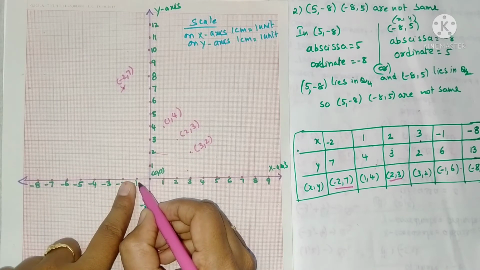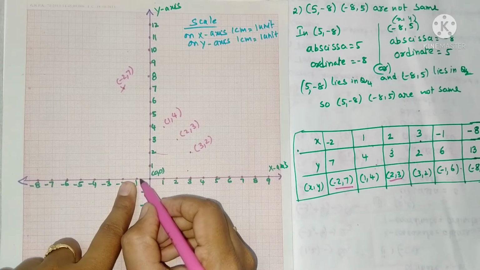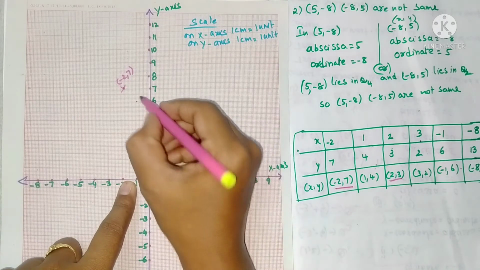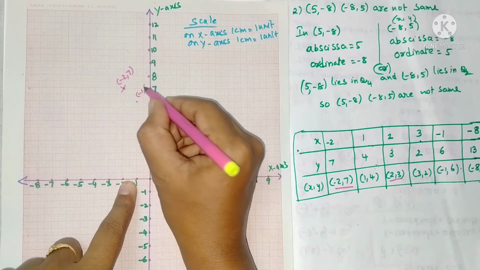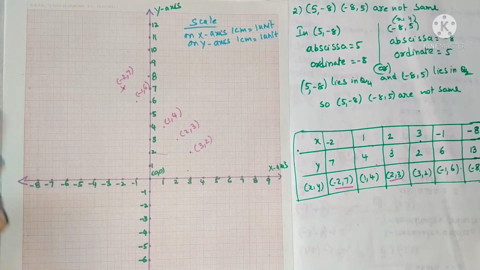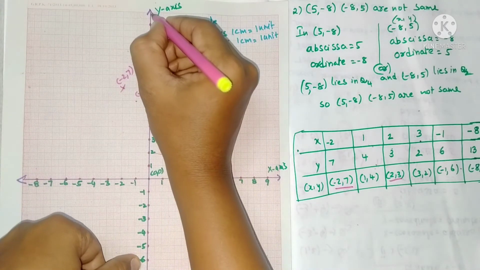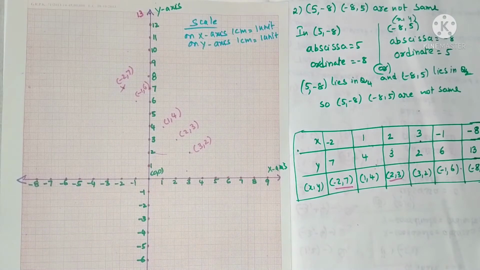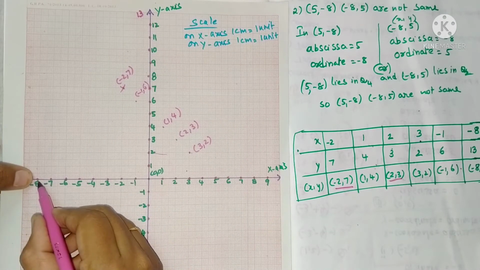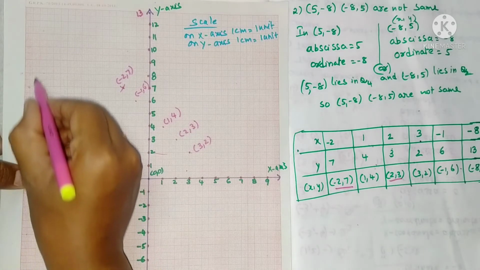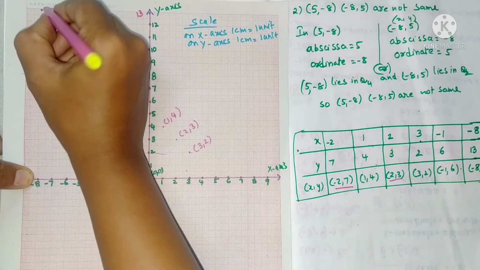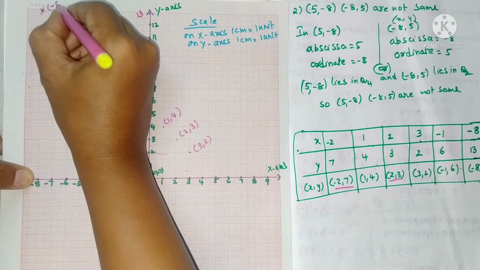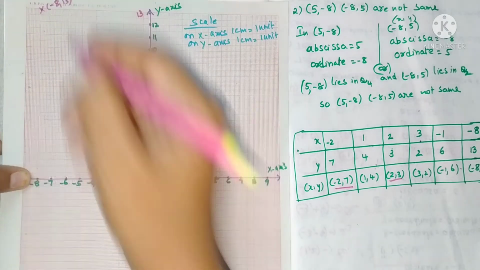Here minus 1 is there on the x-axis and 6 on y-axis. So minus 1 comma 6. And if I took minus 8, it is 13. So I wrote here up to 12 only. So next number 13 only na. So minus 8 on x-axis this one, and for this 13. So this is minus 8 comma 13.